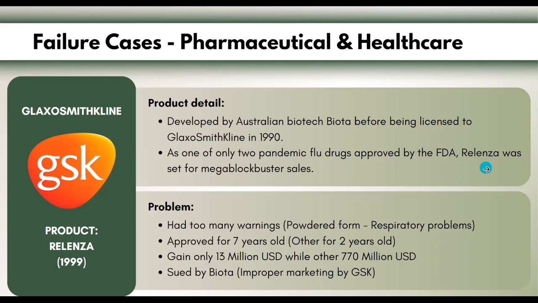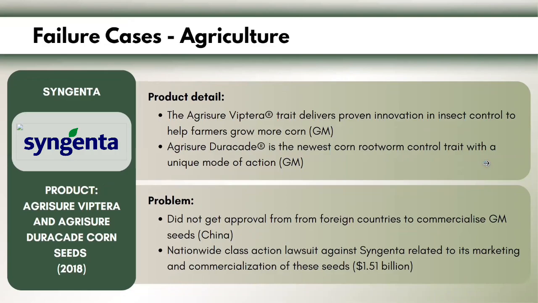Next, let's look at a failure case in agriculture. The product was developed by Syngenta, an agricultural company. The products are AgriSure Viptera and AgriSure Duracade corn seeds, produced in 2018.